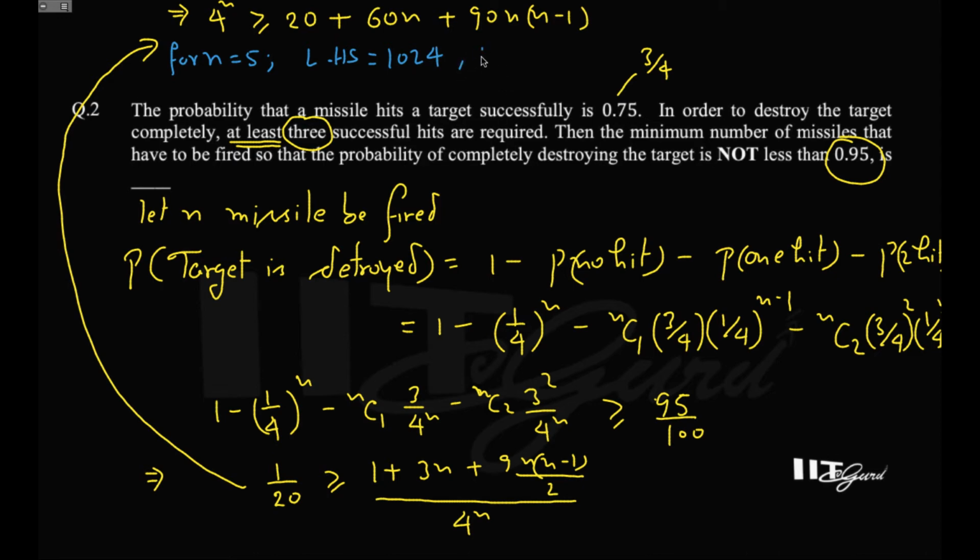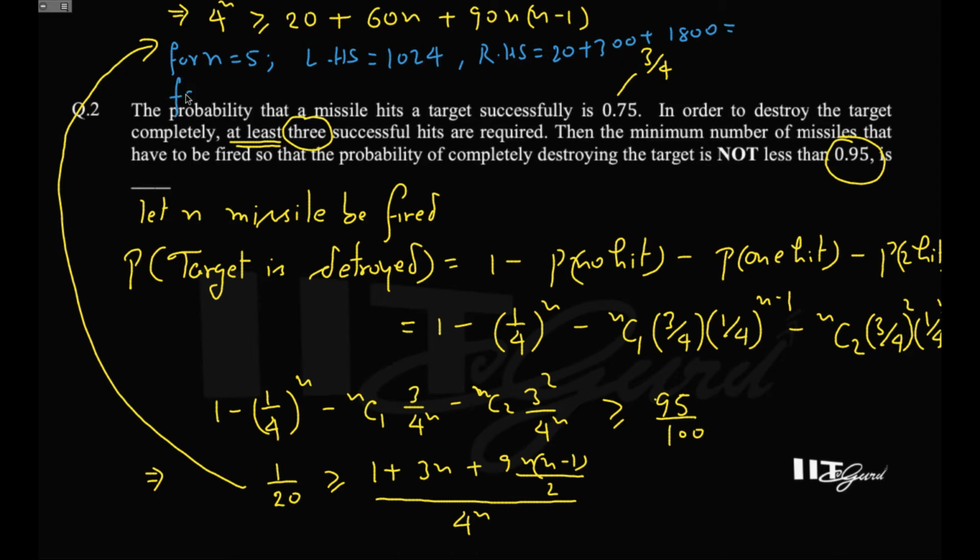And RHS is 20, and then 5 times 6 is 30, 300, and then 90 times 5 times 4 is 36 and 5, that is 180, 1800. So RHS will become 1800, 300. It's not possible, it's going beyond. So this will not be greater than LHS.